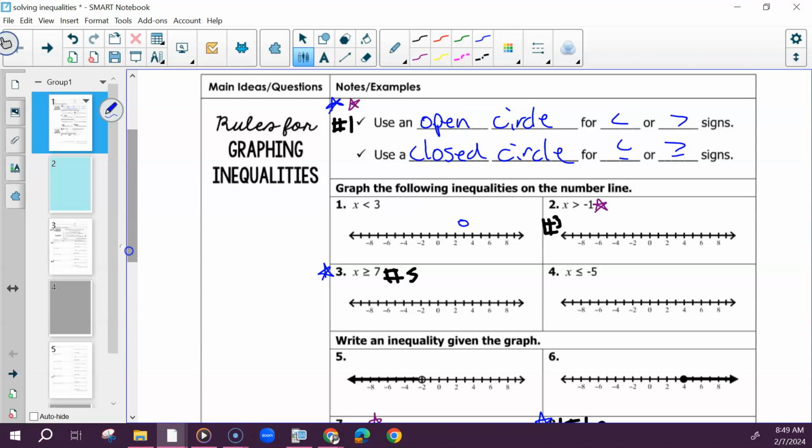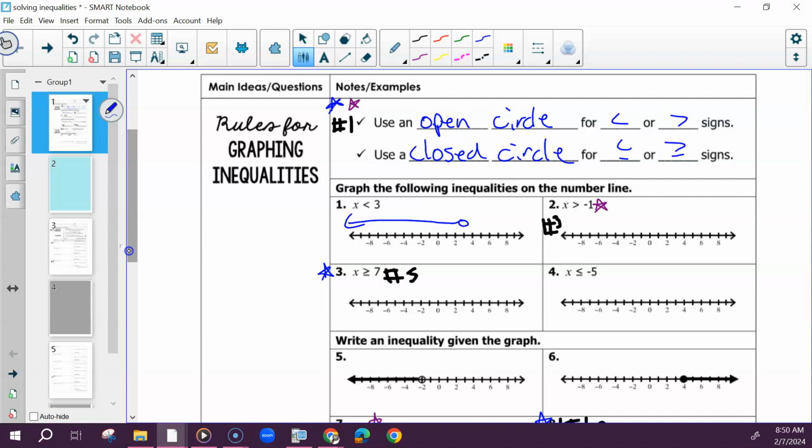So if you're not sure, you can pick any number and replace it with x and see, is this true? So if I picked 0, 0 is less than 3, so that's the direction I need to go. But if you pick like 8, 8 is not less than 3, so that would not be the direction you would be going. This shows you all of the solutions that are possible for an inequality. So everything less than 3 could work.